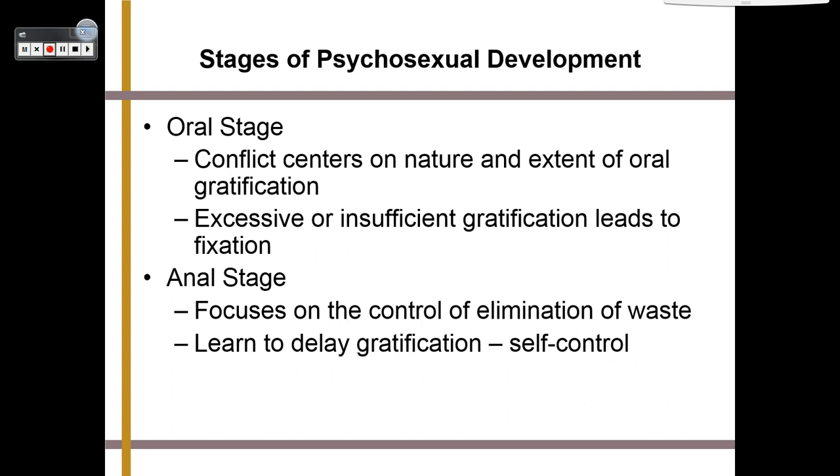They're learning self-control for the first time, and this is really the first thing that a baby has control over in their entire lives. And so having this control gives them pleasure. But having too much or too little control can also lead to a fixation. This is known as an anal fixation. There are two types of anal fixations: anal expulsive and anal retentive.